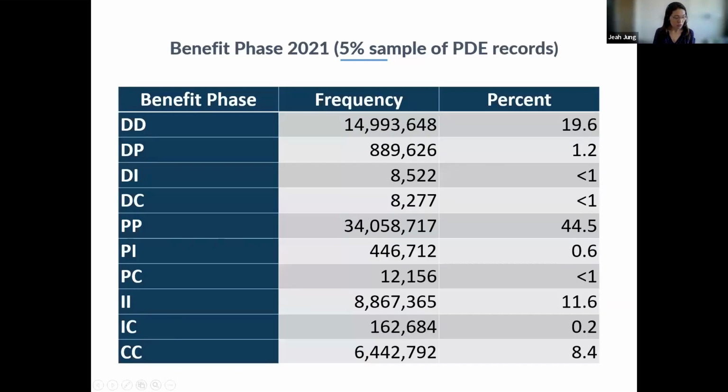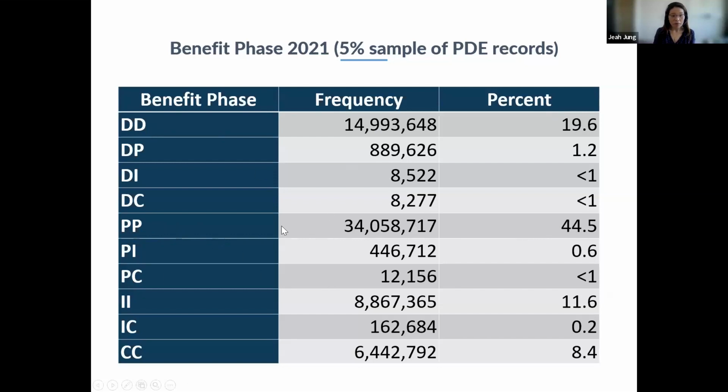And this is a distribution. Here you can see that the majority of them are in PP. What's PP? This is pre-ICL, right? About 45% of prescription events belonged to PP, the pre-ICL period, and about 20% belonged to the deductible, DD.